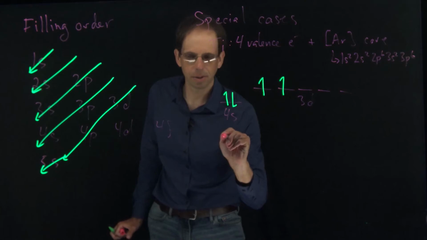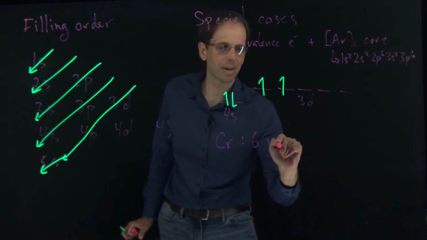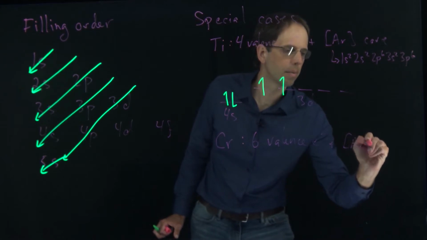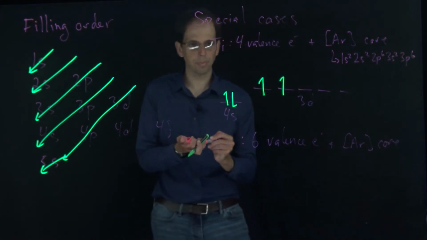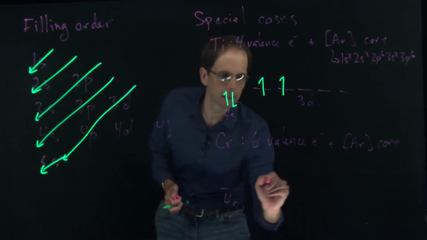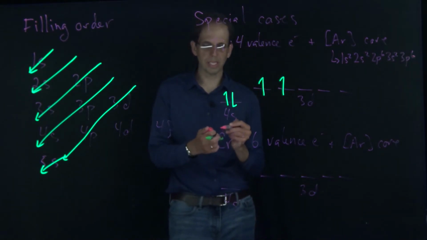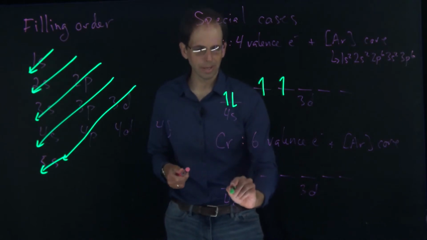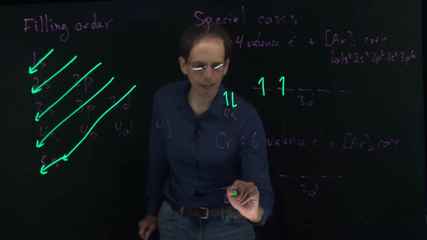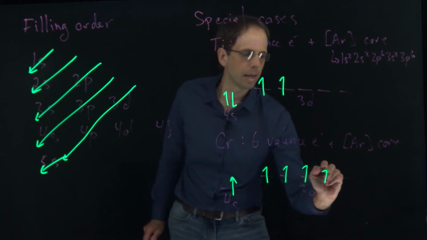However, if I go to chromium, which has 6 valence electrons plus the argon core, when I draw the same orbitals, while you might expect that I would put 2 electrons in the 4s and then 4 of those in the 3d, instead we end up only putting 1 here and 1 in each of the 3ds.